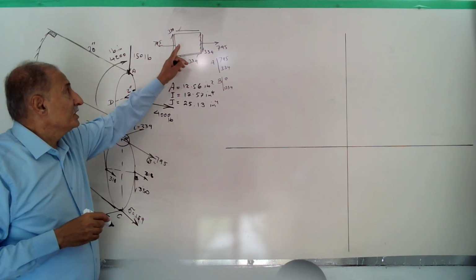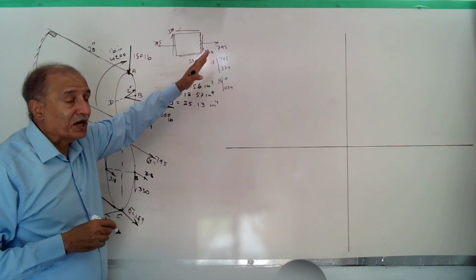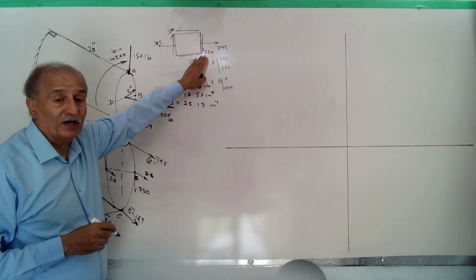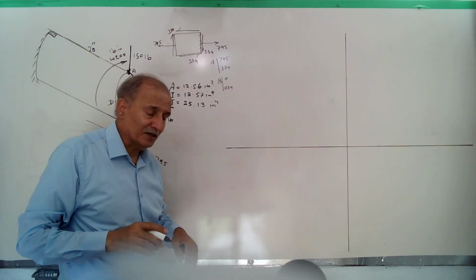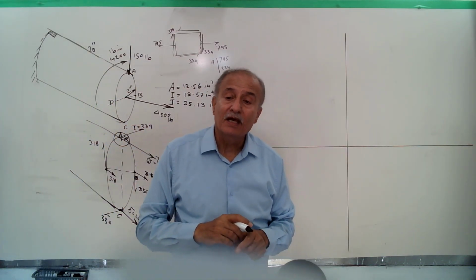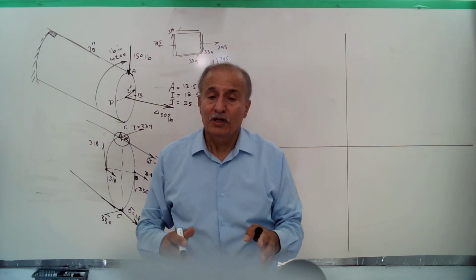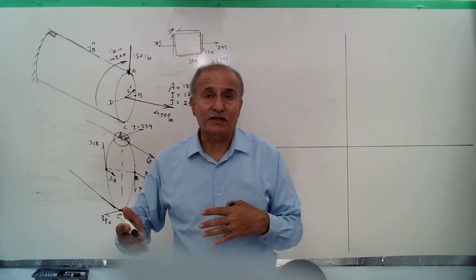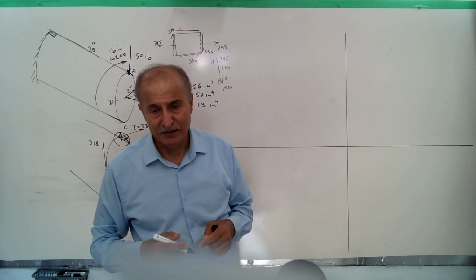Why minus? Because it is counterclockwise. In some textbooks, they take clockwise positive and counterclockwise negative. We have to stick to that. And if you think that clockwise is negative and counterclockwise is positive, nothing changes.